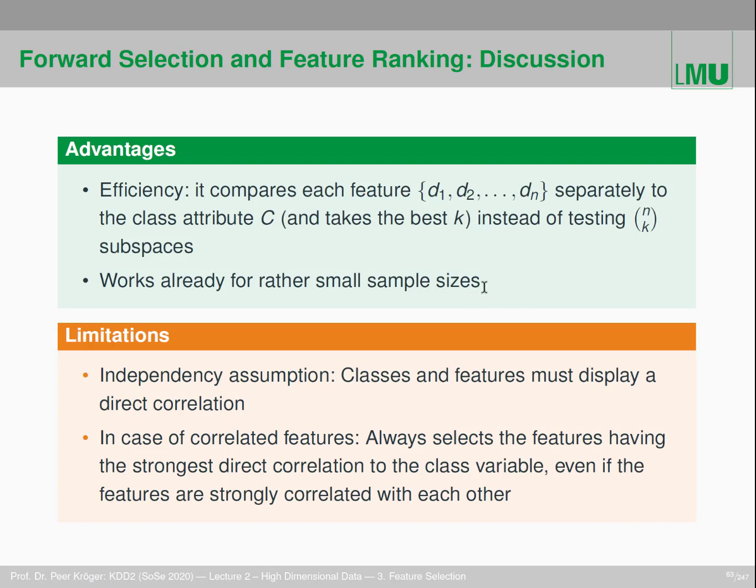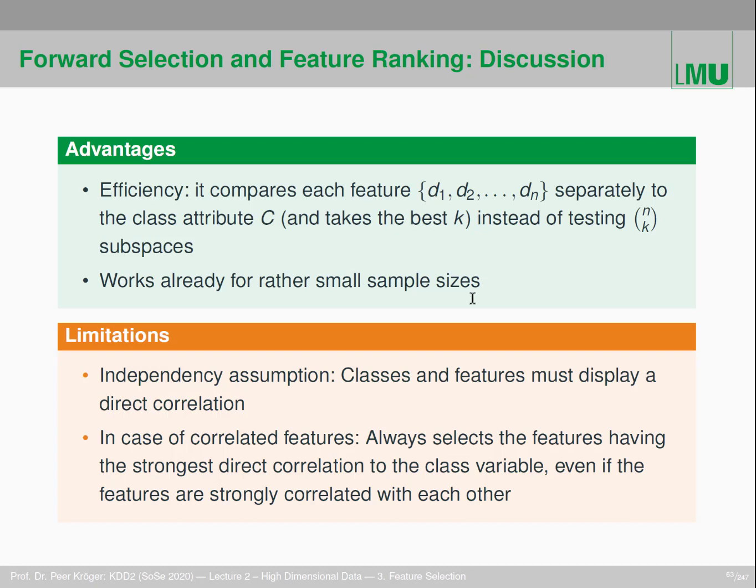So a short summarizing discussion on forward selection. The advantages are it's extremely efficient. It just compares each feature separately to the class label and just takes the best k. So this is a linear effort in the number of dimensions, depending of course on the evaluation measure.